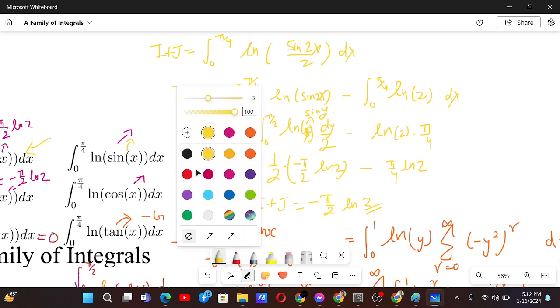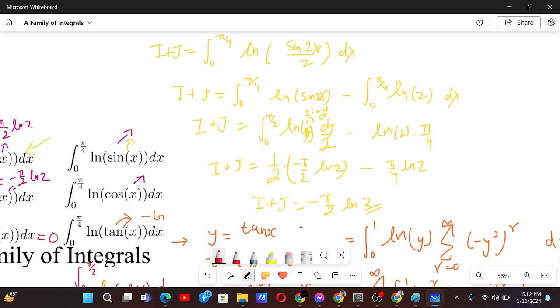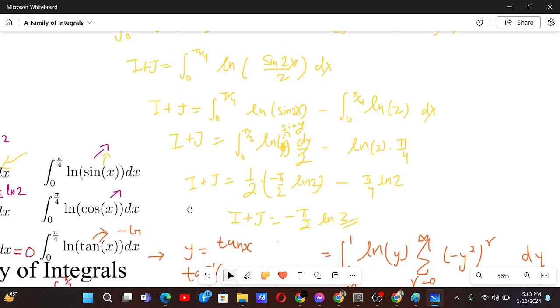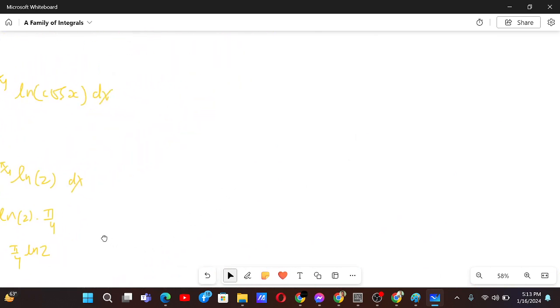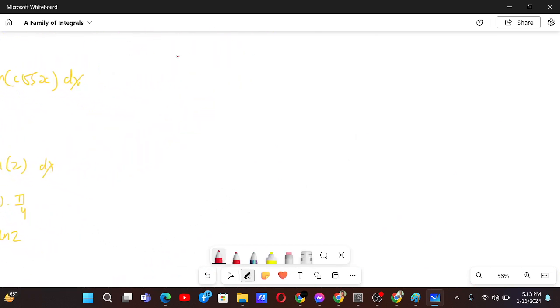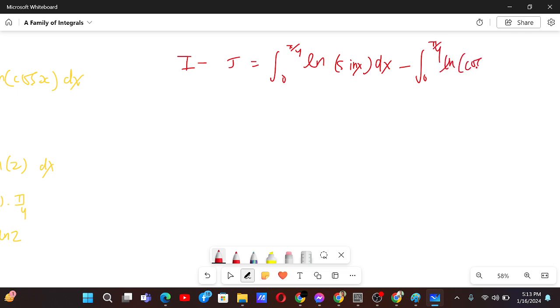Now let's use the next color. Now we will try to find the difference so that we can solve for both I and J. I minus J will be the integral from 0 to pi by 4 of ln sin x dx minus the integral from 0 to pi by 4 of ln cos x dx.